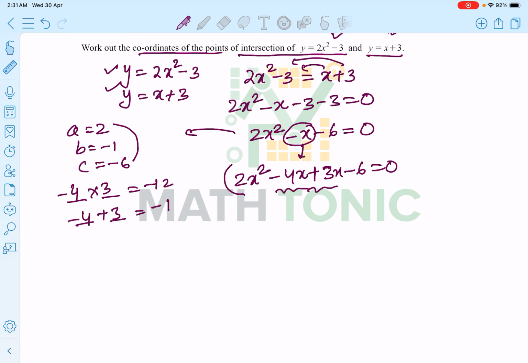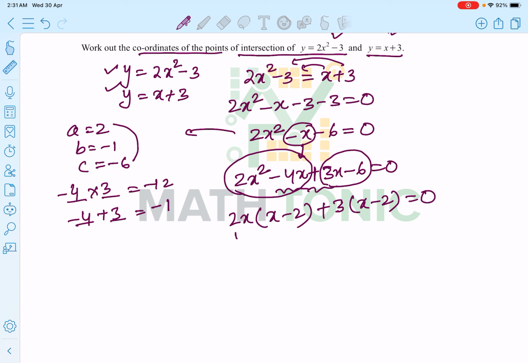From the first two terms, I can take common 2x, and I get x minus 2. From the last two terms, I can take 3, and I also get x minus 2, equals 0. From these, I take common x minus 2. In the first part 2x is left and in the second part 3 is left.